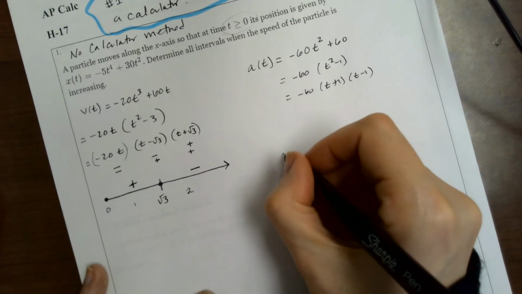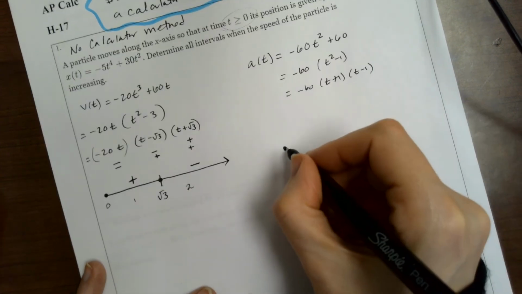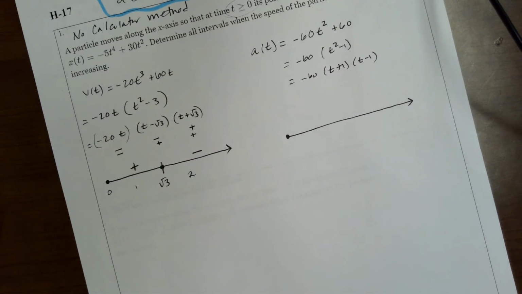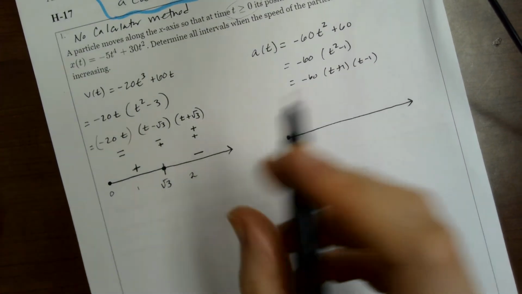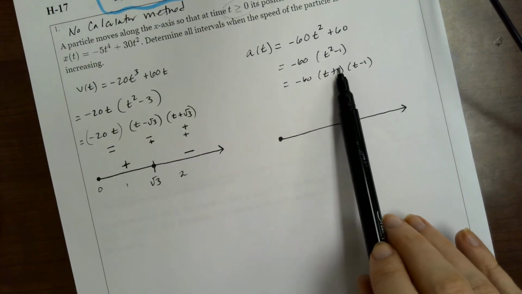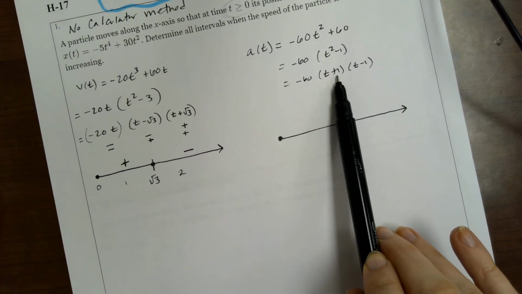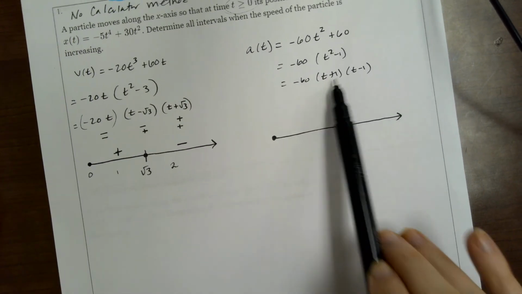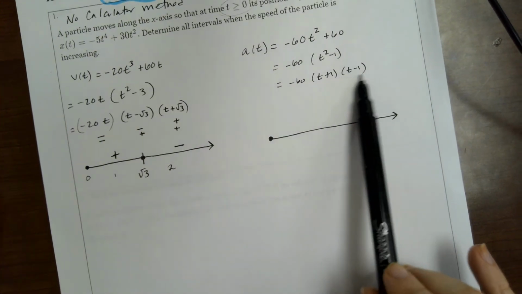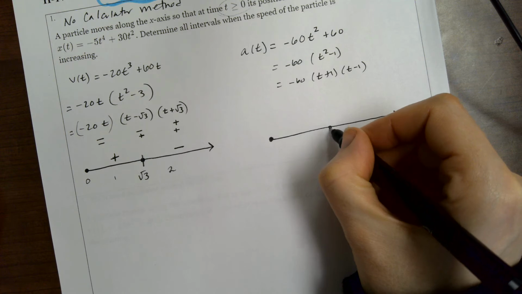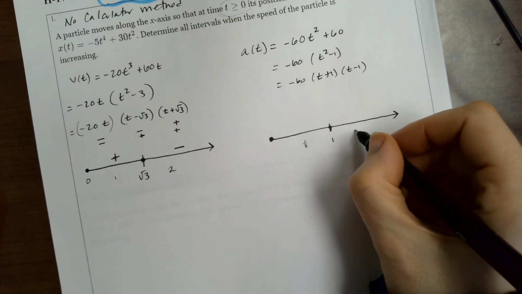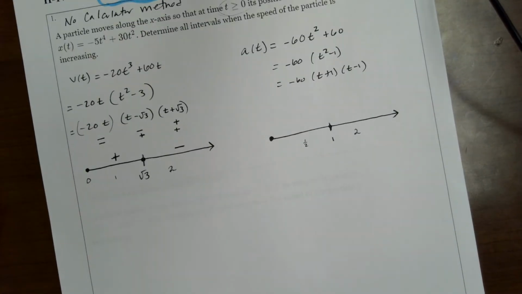So similar situation here, guys. Time is starting at 0. All right. So the critical numbers for this factor, when you set it equal to 0, you get negative 1. We're not going to use that one because it's not within our time interval. Here we get positive 1. So I'm going to put a positive 1. I'll pick a half, and I'll pick 2 again, I guess.